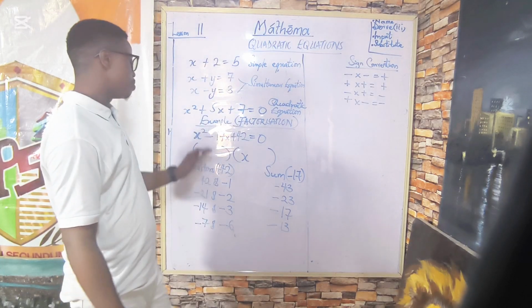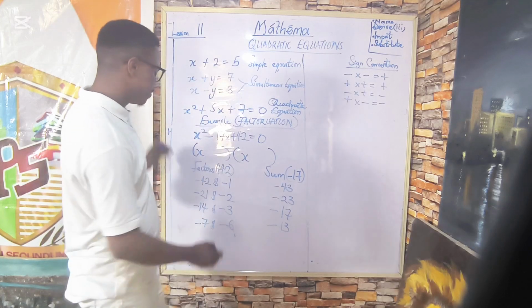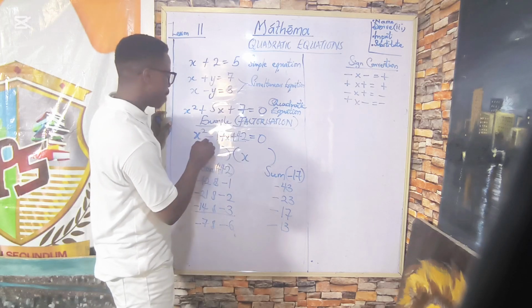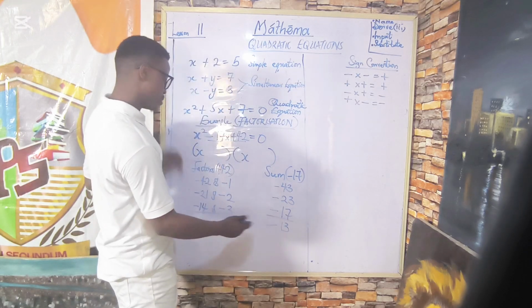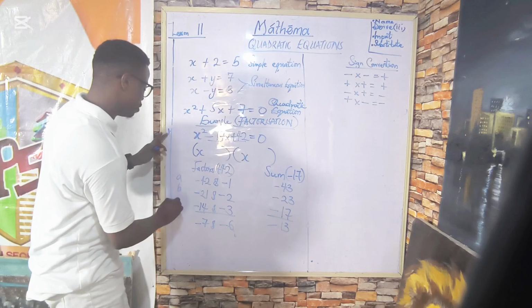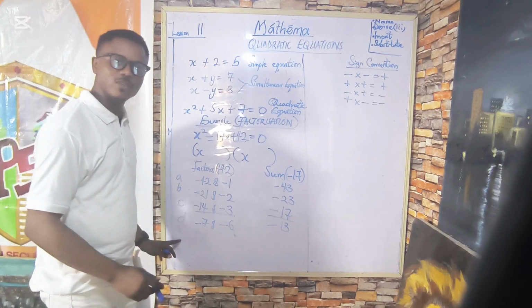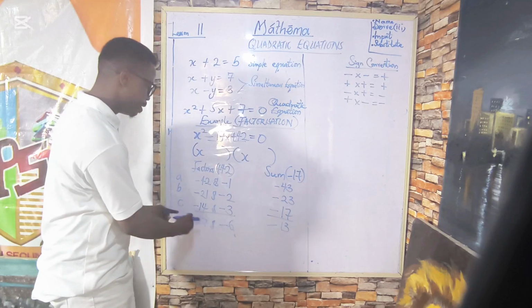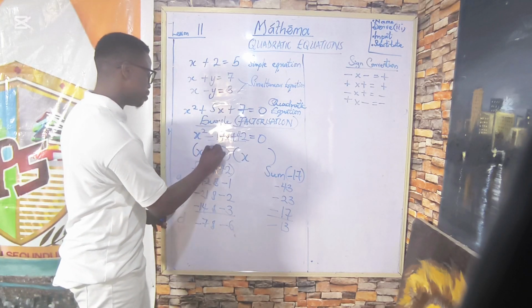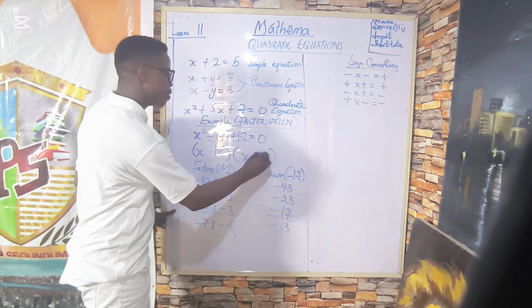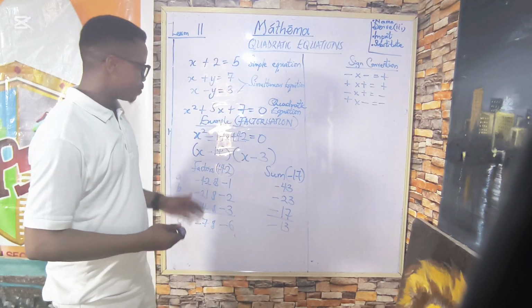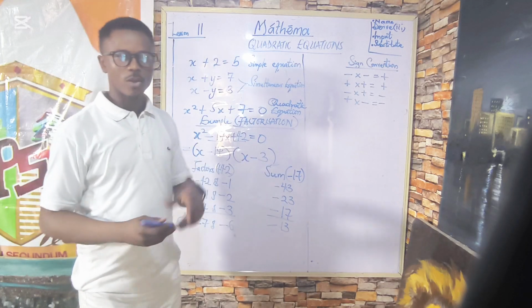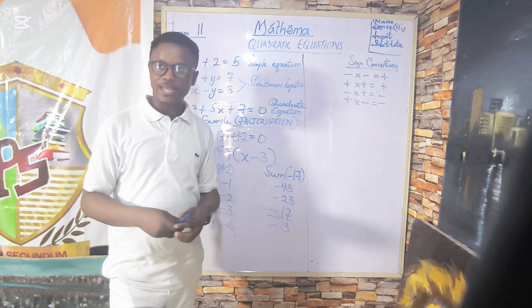Now so far from this list, the only one that gives us plus 42, which is our third term, and minus 17, which is our second term, if we name them A, B, C, and D, is C. So we're just going to put minus 14 and minus 3. This is actually our answer. We're going to solve another question to throw more light on it.